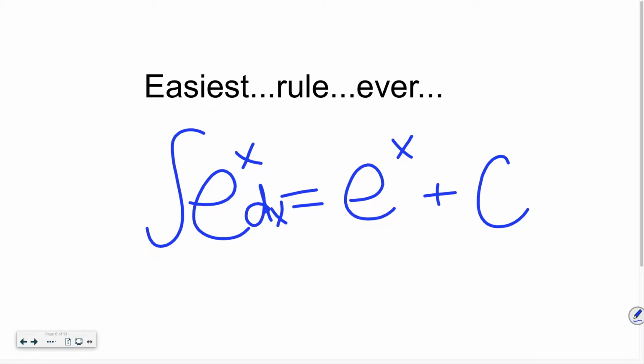Okay, the derivative of e to the x is e to the x. The antiderivative of e to the x is e to the x. Okay? The only thing that we're going to have to be careful of is when it's not just e to the x. And that's what we're going to do 2 examples where it's not just e to the x. Okay?